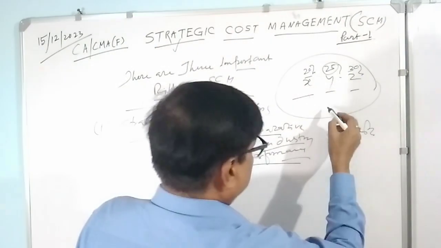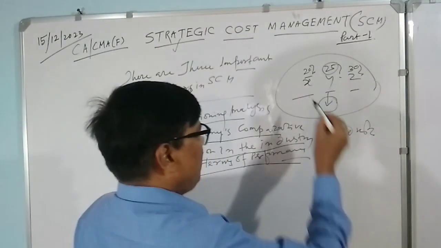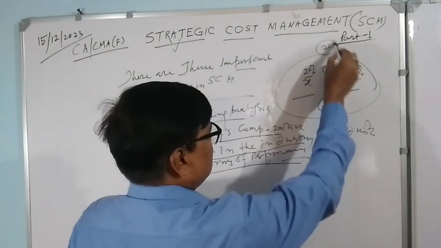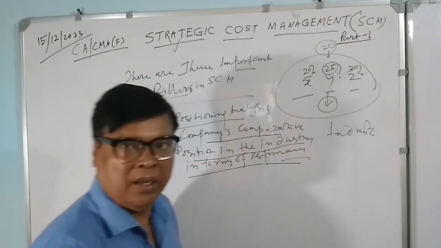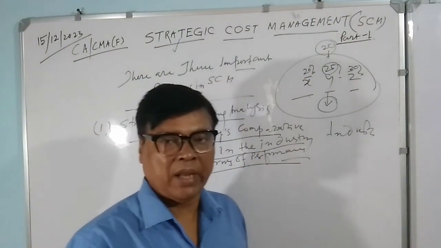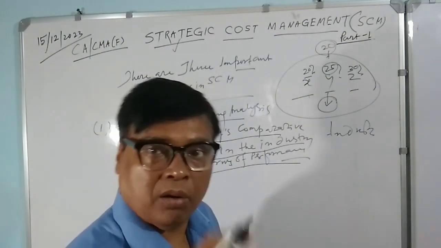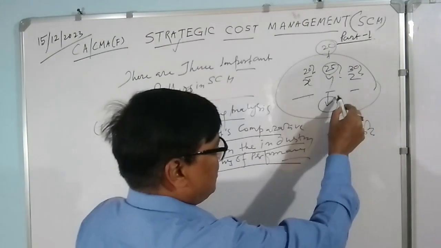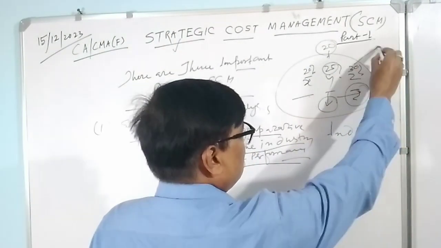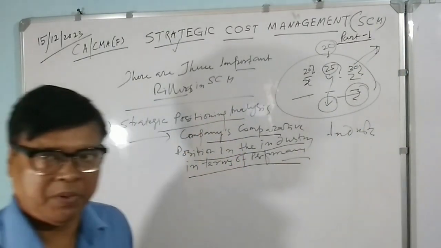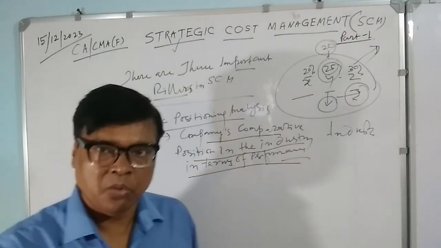So being at Y level, you may be satisfied, okay, my earlier year profit percentage or efficiency was 20%, this year 25%, I am happy. See, your happiness is final or fruitful only after knowing where your competitors and the industry as a whole are. Suppose the industry as a whole is at the 30% level of performance.